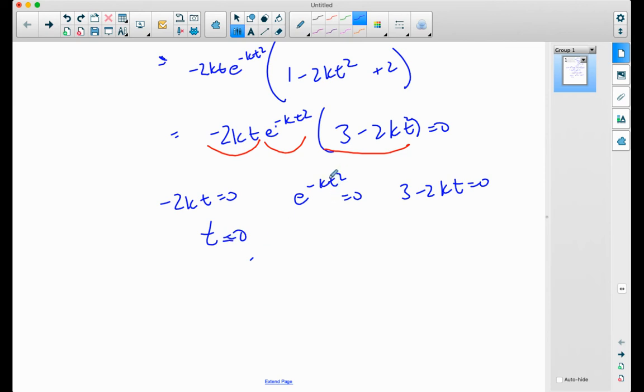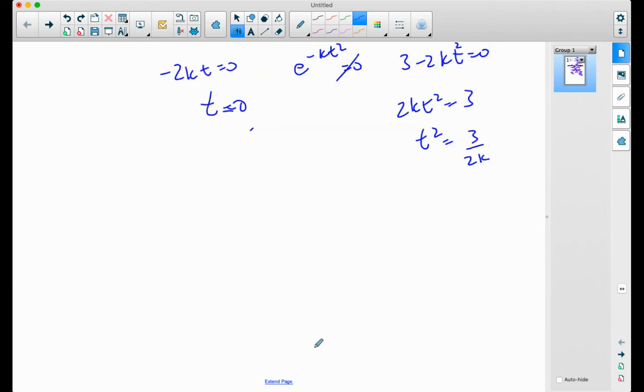The exponential function will never be 0, so that's impossible. And here I get 2kt squared is equal to 3 if I bring that over. So t squared is equal to 3 over 2k. And I know that t then is equal to plus or minus the square root of 3 over 2k.